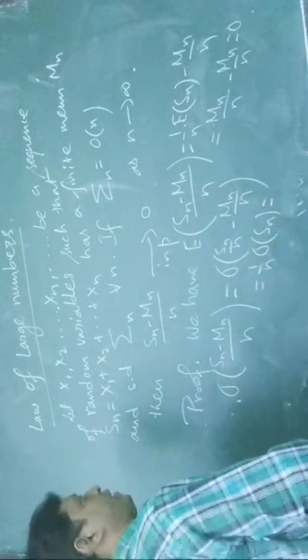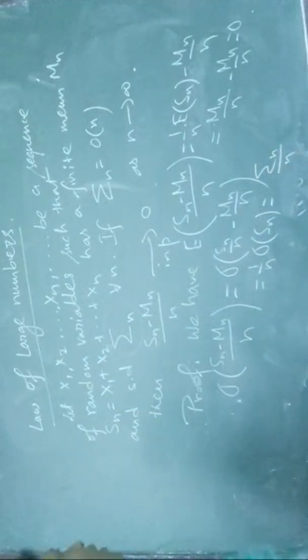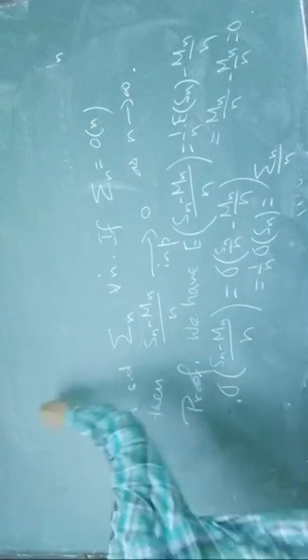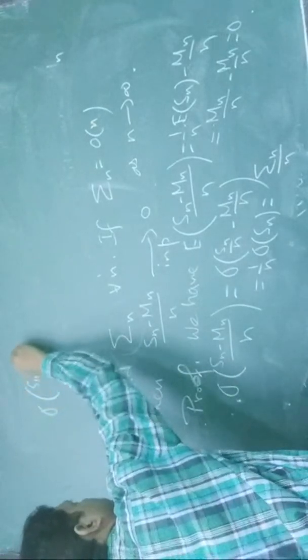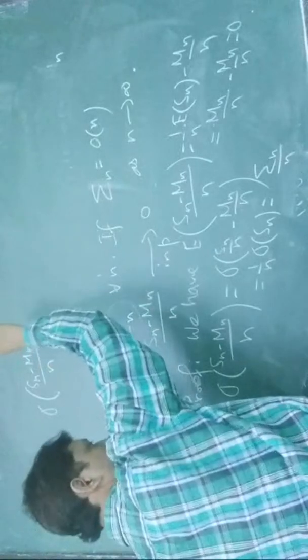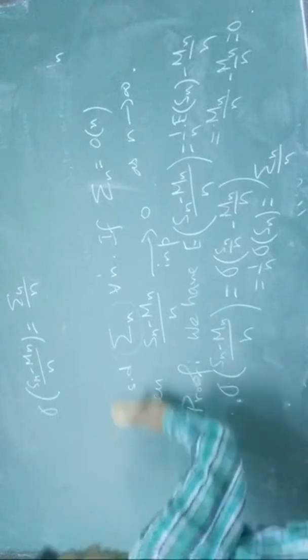What is your sigma Sn? Capital sigma n. So sigma n by n. Okay, I am writing here. So sigma of Sn minus Mn by n is sigma n by n. Clear? Now take the limit.